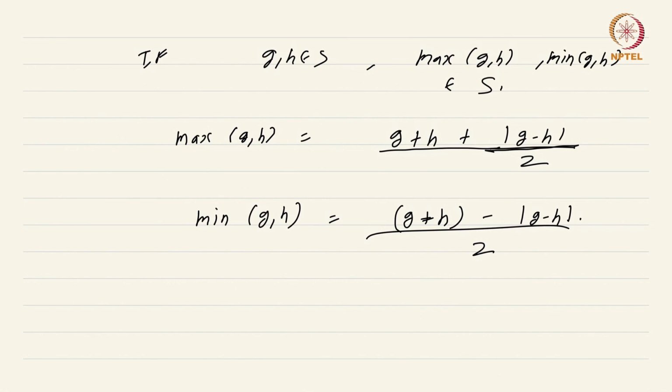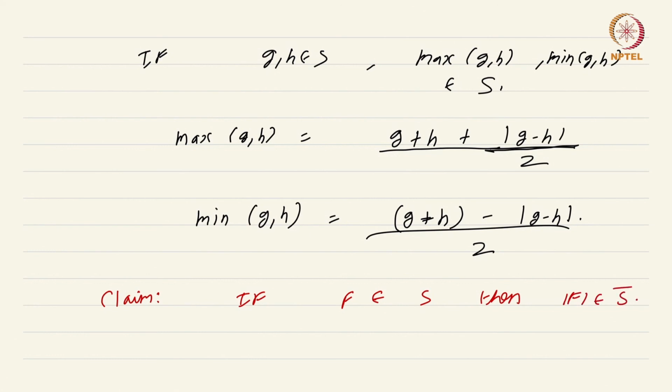What we will show will not be true for any subalgebra that satisfies the other properties. What I'm going to claim is, if f is in S, then mod f is in S closure.